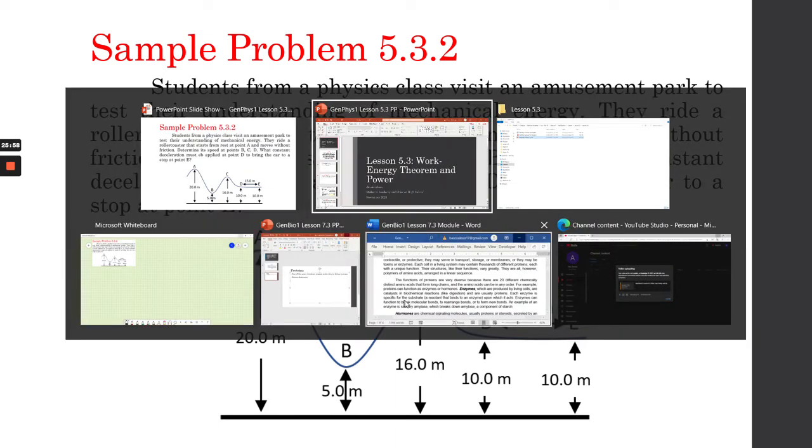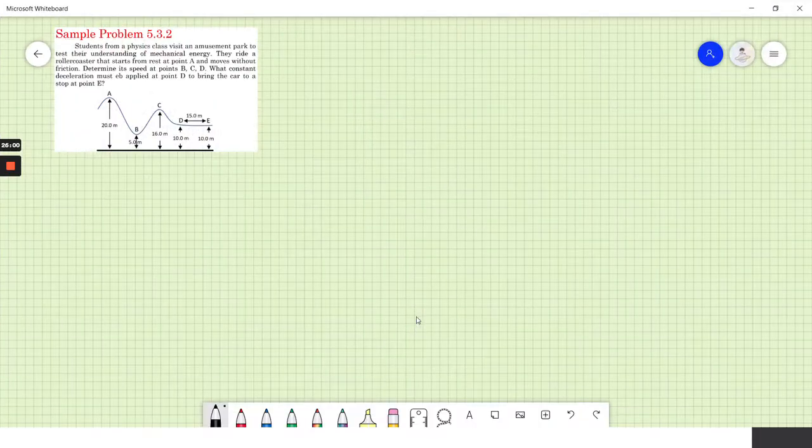So let's go on to the whiteboard and let's try this problem. Okay, so students from a physics class visits an amusement park, no? Because we try to understand the conservation of the mechanical energy. They ride a roller coaster that starts at A, and at A, the roller coaster is 20 meters above the ground.